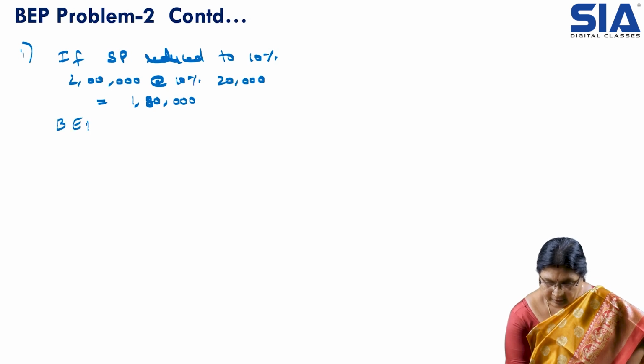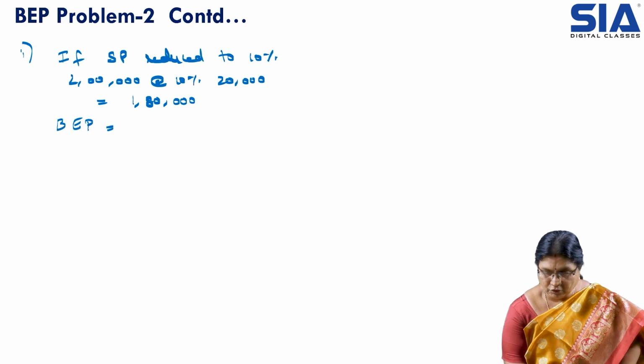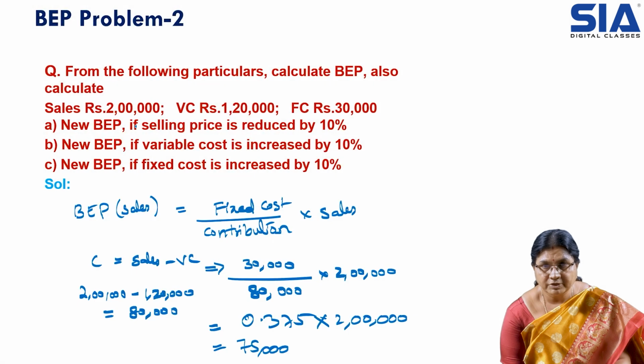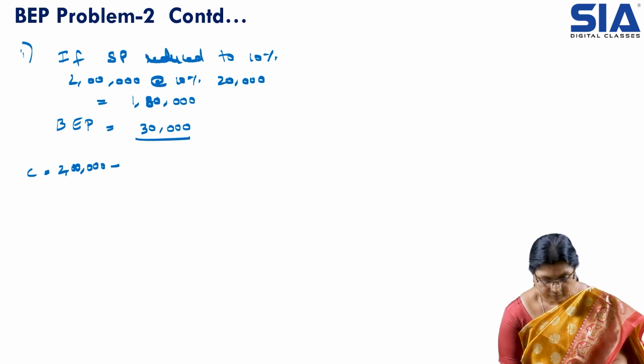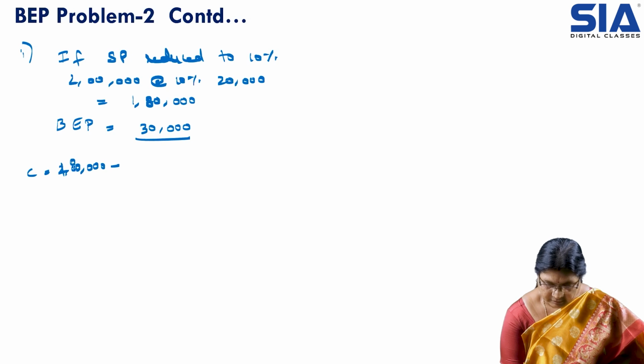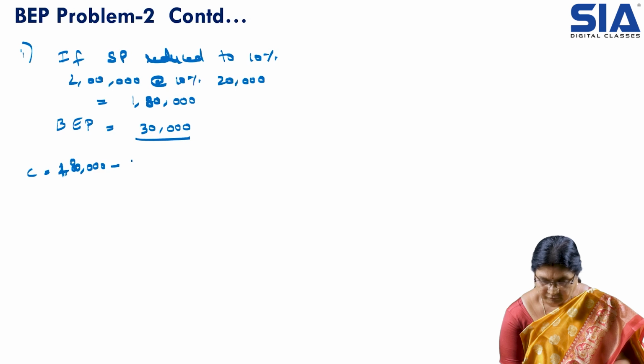What is BEP again? BEP is equal to fixed cost, which is 30,000, divided by contribution. Contribution will change here. Contribution is equal to 1,80,000 minus variable cost of 1,20,000, which is equal to 60,000.